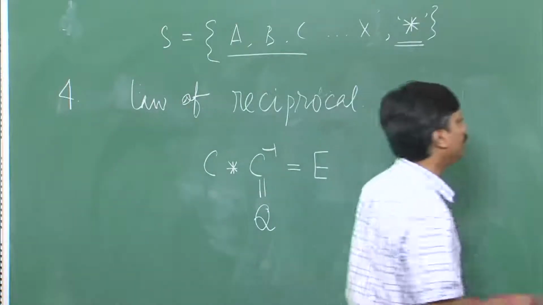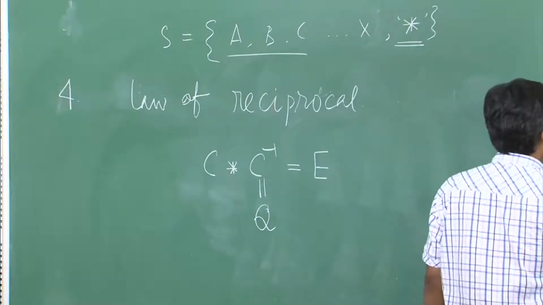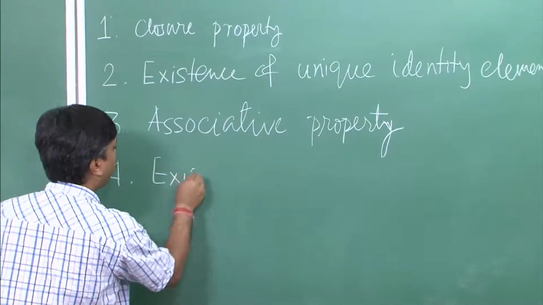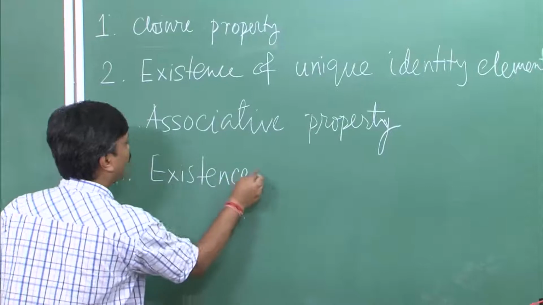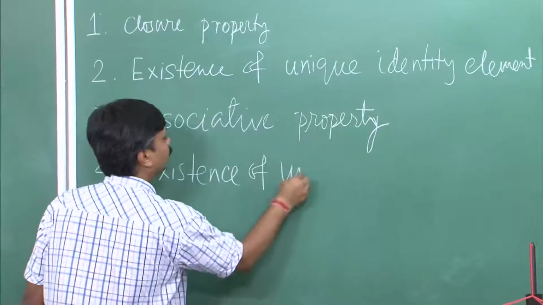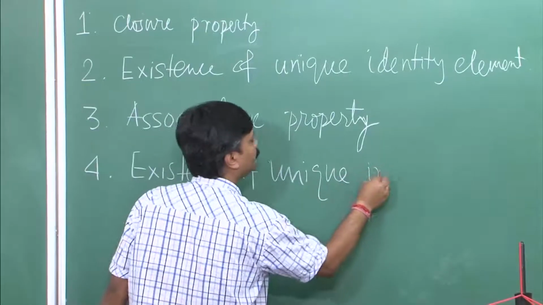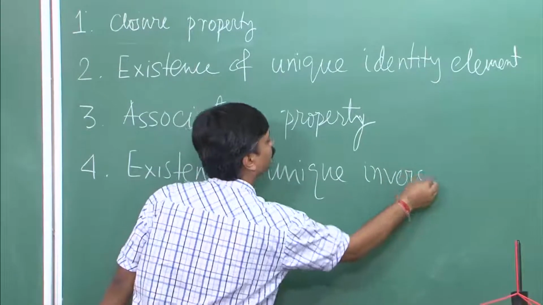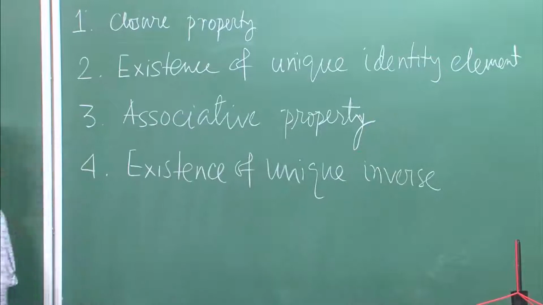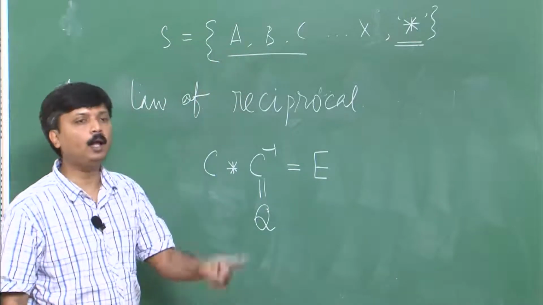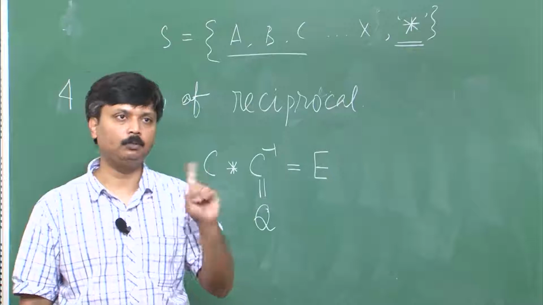Okay, so the fourth law that we have here is the existence of unique inverse. Now again here we have this term unique, because in a set you can have only one inverse of that particular element that we are choosing.